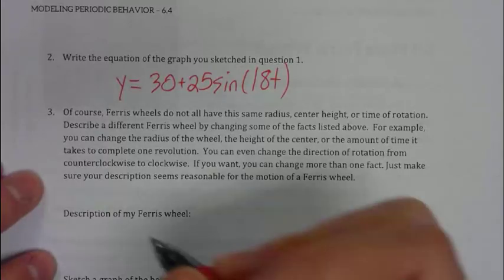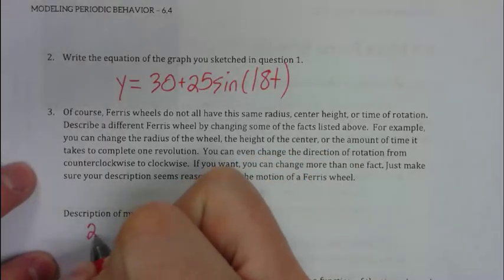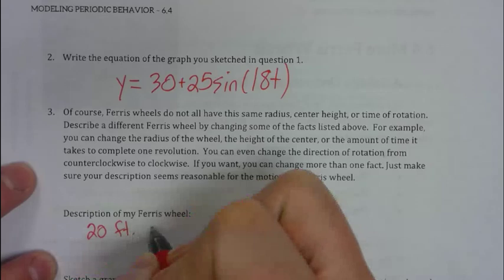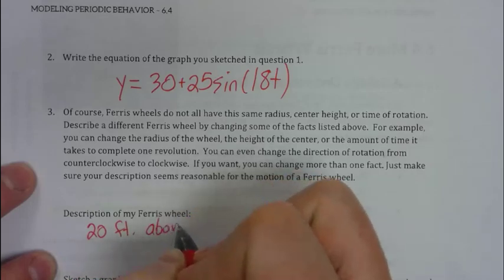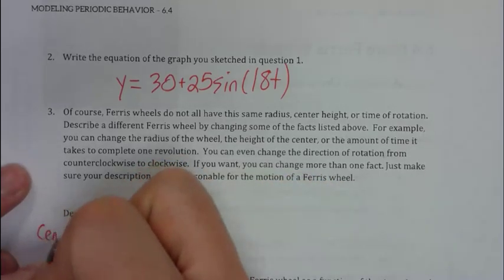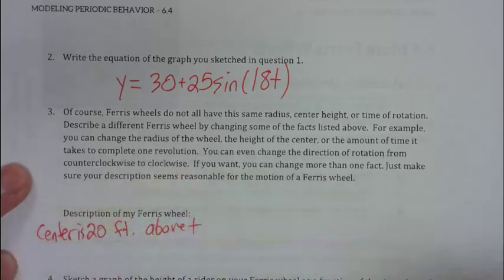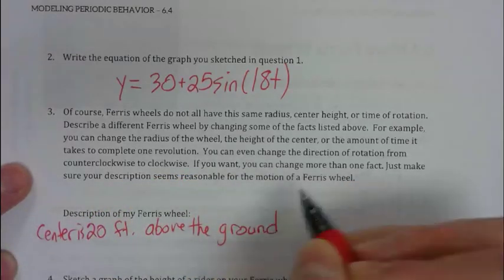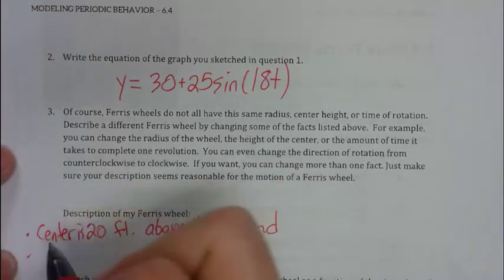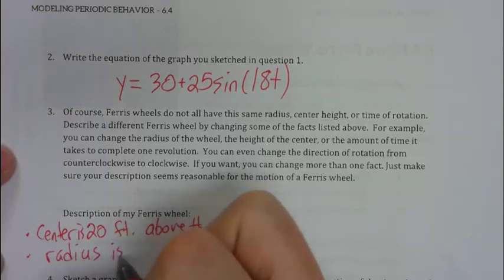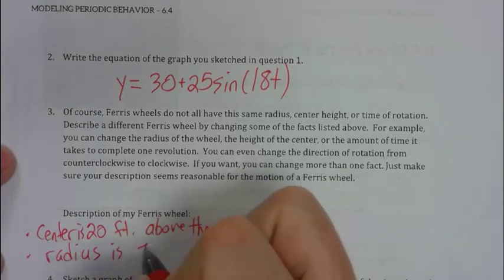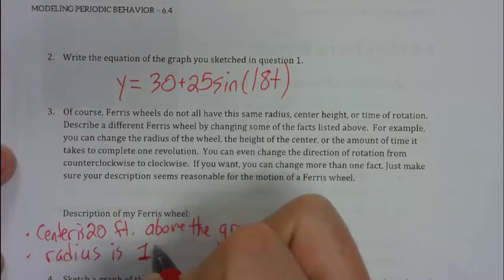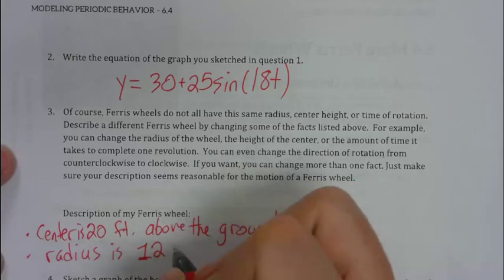make our Ferris wheel closer to the ground, so the center is 20 feet above the ground. And our radius of our Ferris wheel is, let's say, 12 feet.